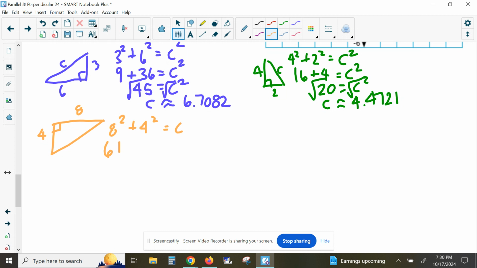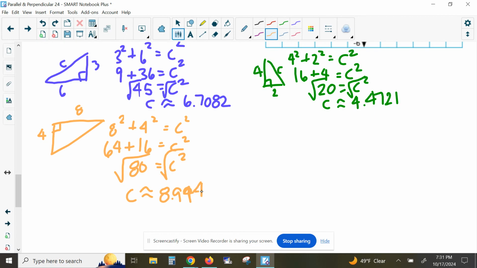So that was 64 plus 16 equals c squared. 64 and 16 make 80 equals c squared. I need the square root. And so the approximate square root, going out about 4 decimal places, of 80 is 8.9442.